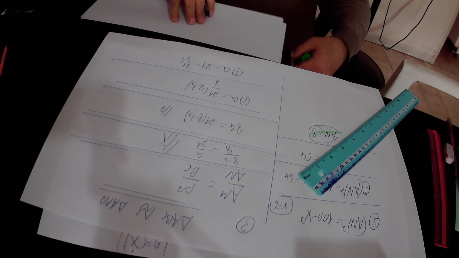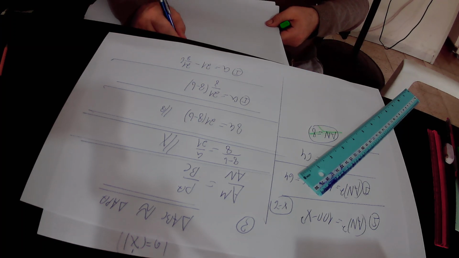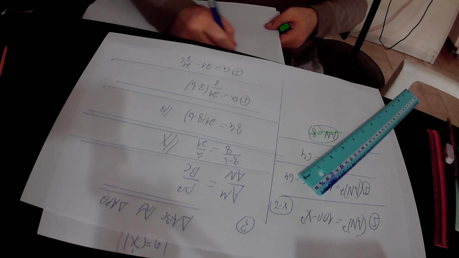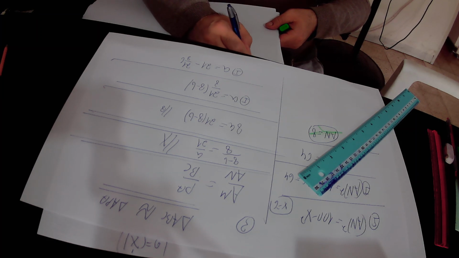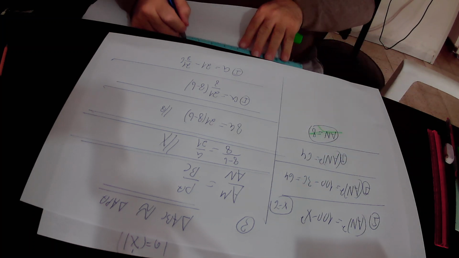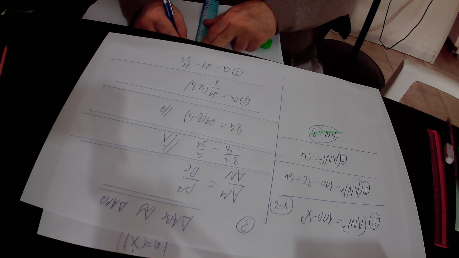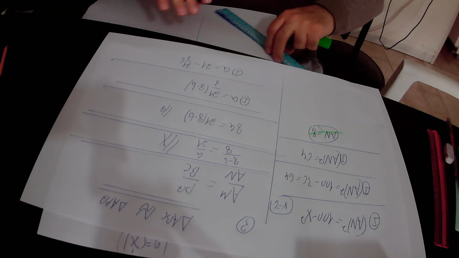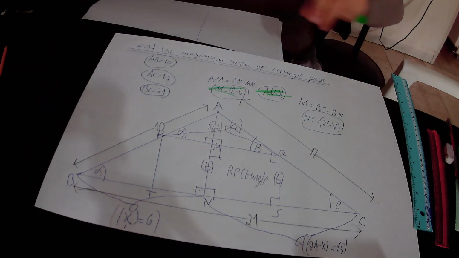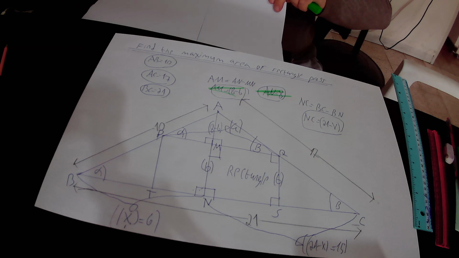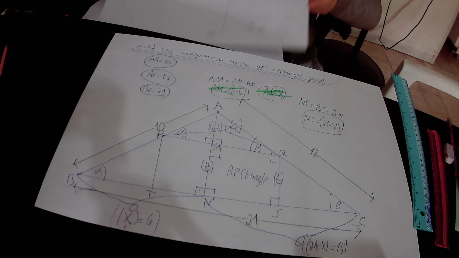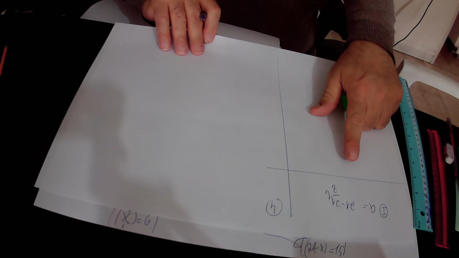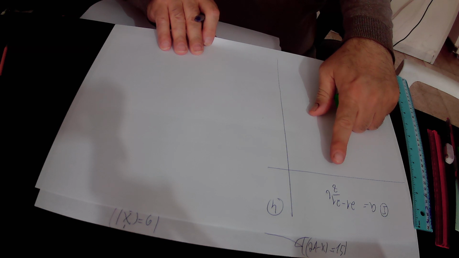So according to equation 1, a equals 21 minus 21 over 8 b. Repeat again: a equals 21 minus 21 over 8 times b.